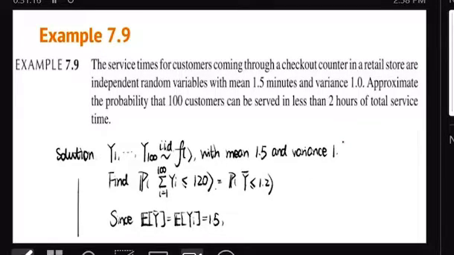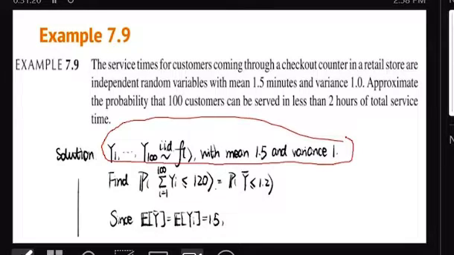Now, you have Y1 up to Y100, IID from a distribution that you don't know. In fact, it's not likely going to be normal, but there's no problem with that. Now, we want to find the probability that the summation of Y will be less or equal to 120.